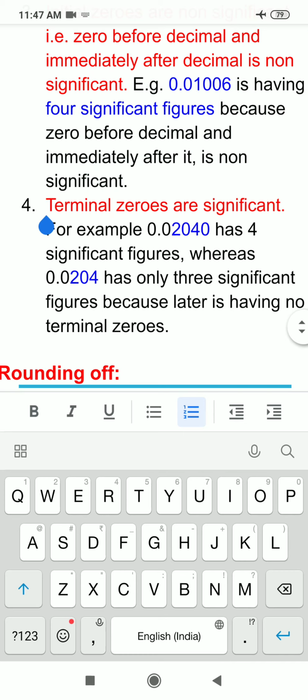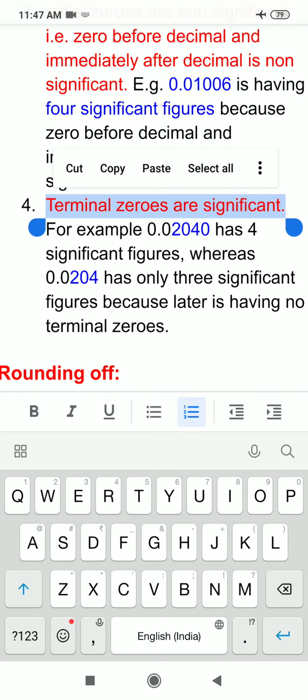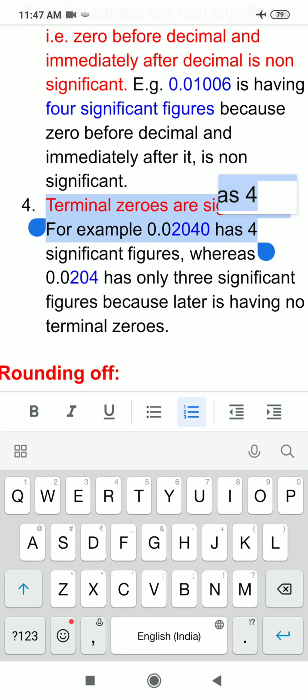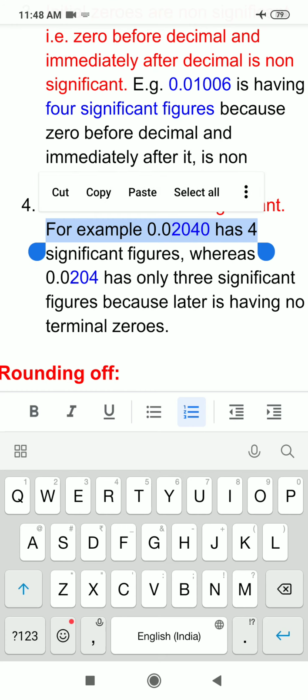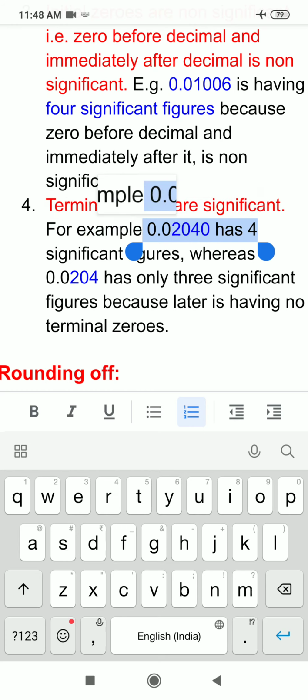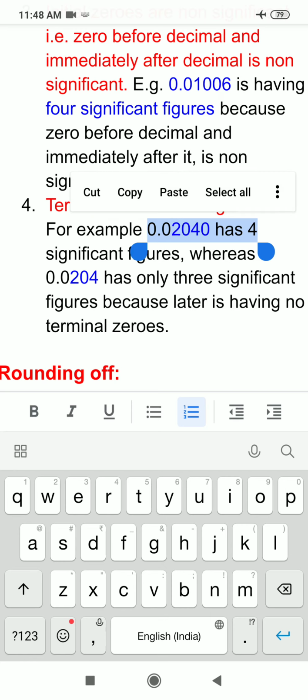Next rule is terminal zeros are significant. Now, what is the meaning of terminal? Terminal means at one end, at extreme end here. So terminal zeros are significant, and for this we are having an example of 0.002040. So you can see in this case we are having 4 zeros also.